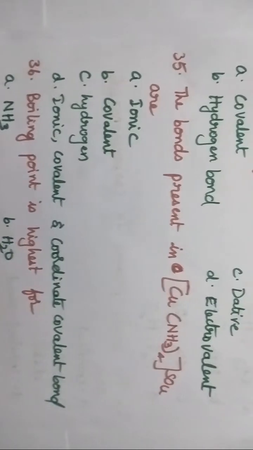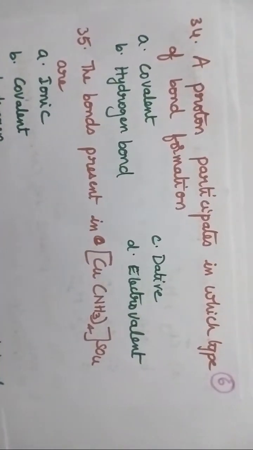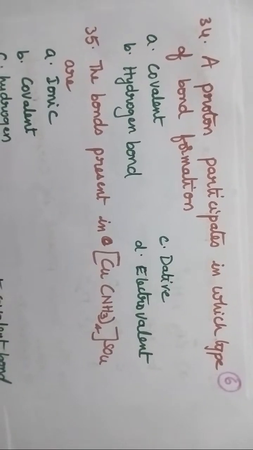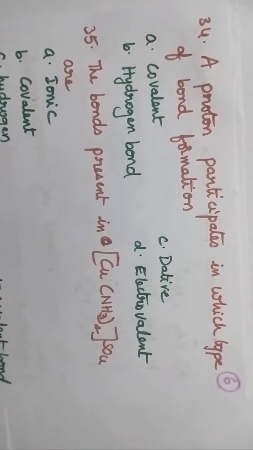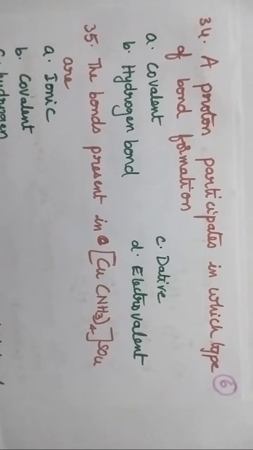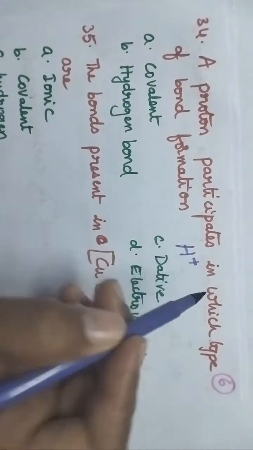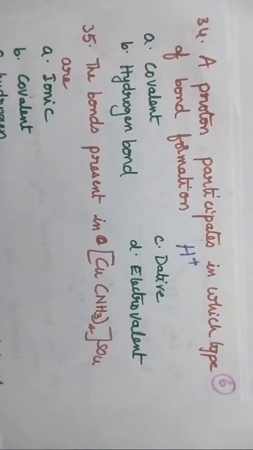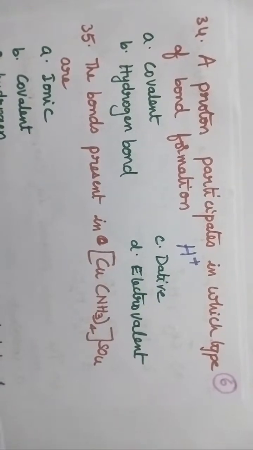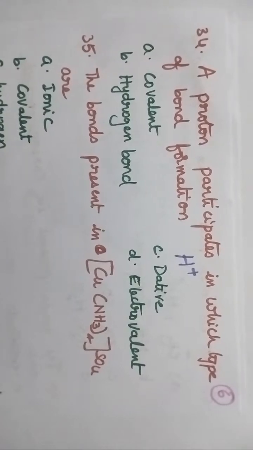Okay. Next, let us move on to the next question. A proton participates in which type of bond formation? Proton means H plus. So H plus participates in which type of bond formation? That is the hint. You have to identify the right answer.